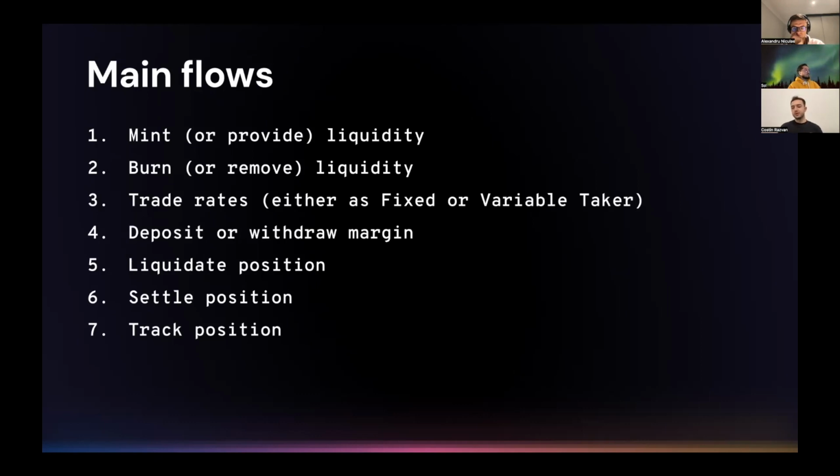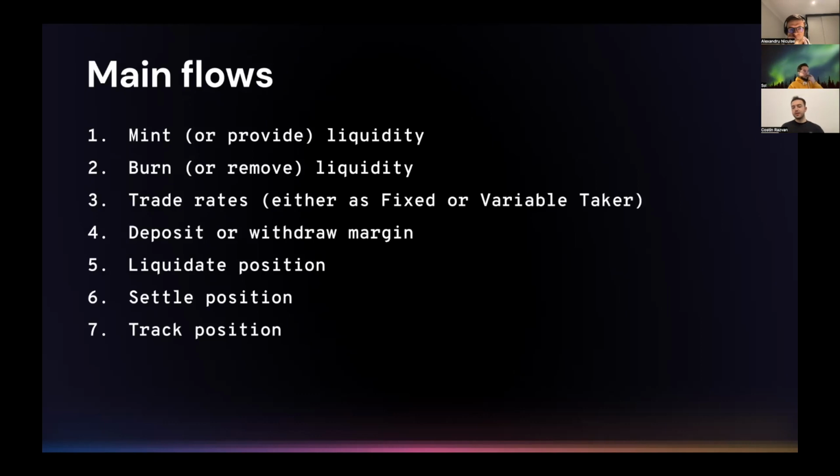Then the sixth flow is when these pools mature because they have fixed term. When the pool matures, you can settle your position, and the cash flow is calculated, and you can withdraw all your cash flow and the margin you deposited in order to collateralize your position, or withdraw less margin because you are in a losing position.